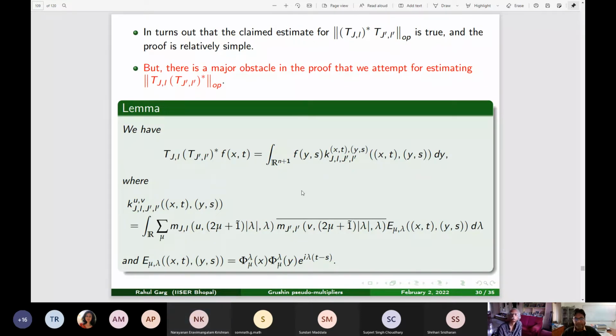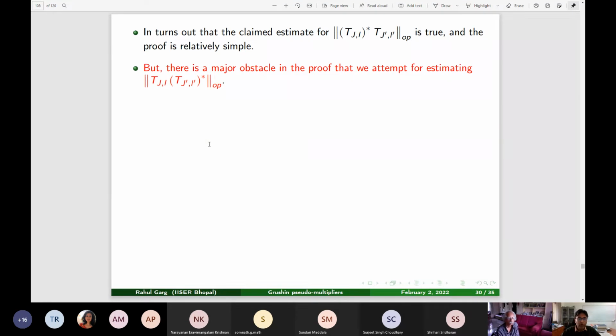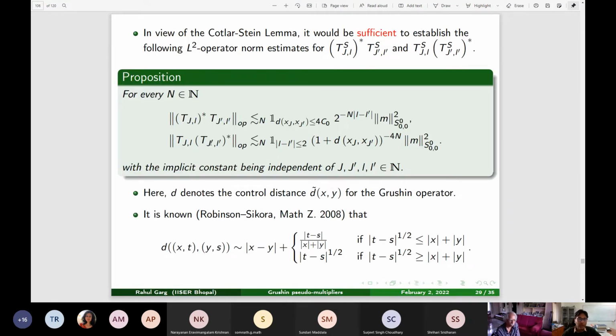Yeah. All right. So in the last variable, you will see the convolution type of structure showing up. You have t minus s coming up, right? So it turns out that in order to prove any kind of boundedness, what would be a general idea? You expand it, which I do, and you see what type of decay I'm looking for. I'm looking for inverse of distance, so that I can sum it up, right?